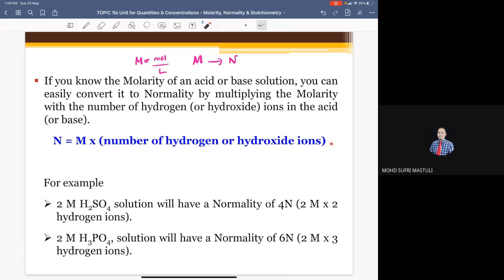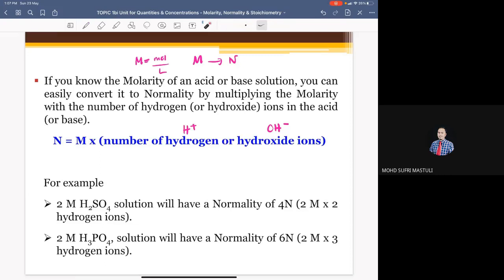So this is the chemical formula to obtain the normality of that particular acid or base solution when you have the molarity: molarity times number of hydrogen or the number of hydroxide ion.